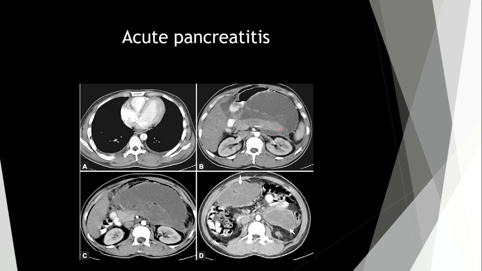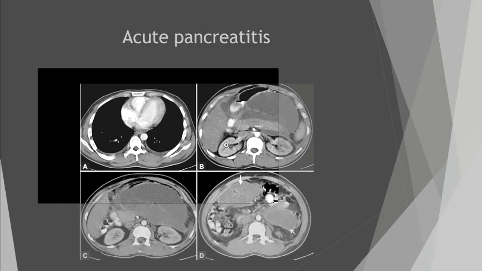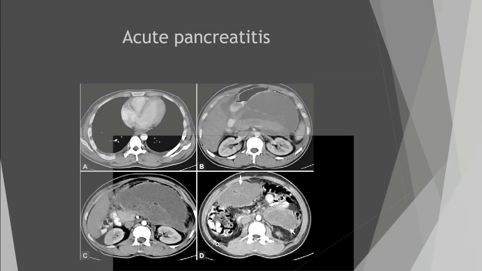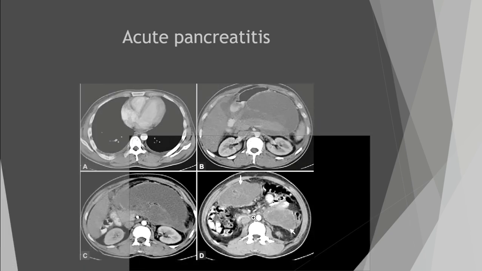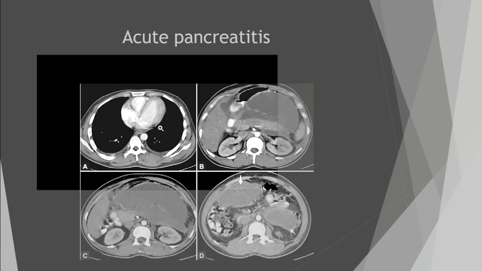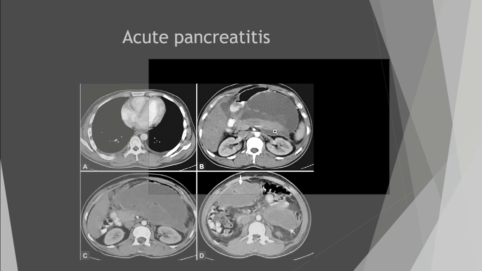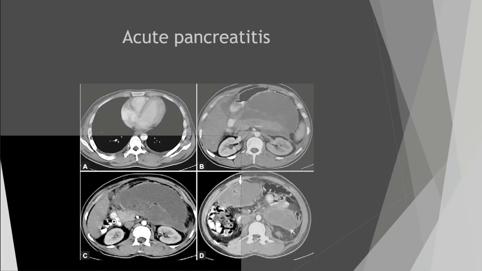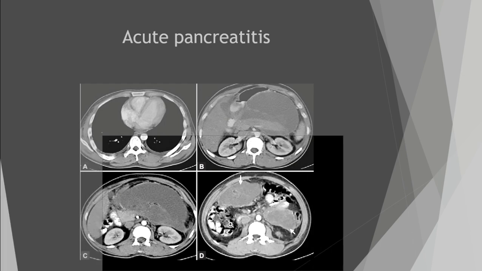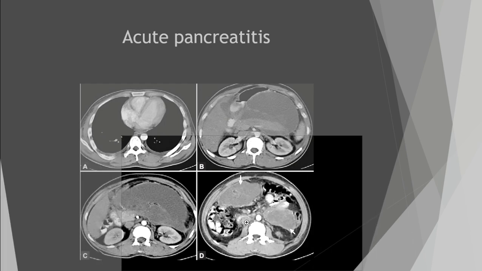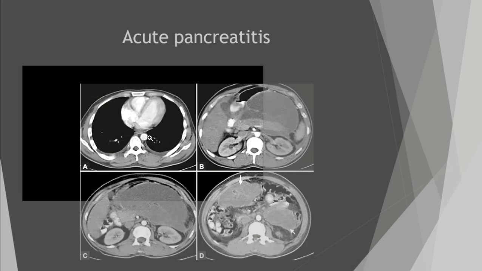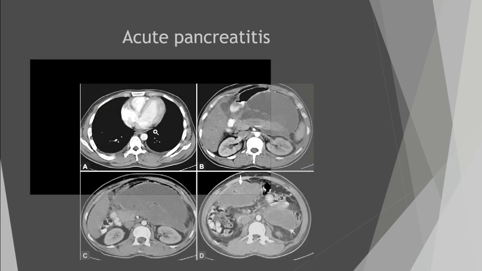Acute pancreatitis. It's a very common situation here, and what I want to ask you is why, on B we see pancreas, on C we see pancreas, on D we see part of the pancreas, and why do we have this A here?